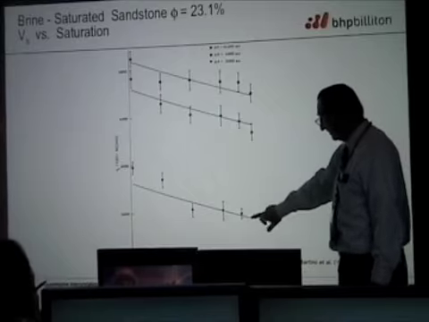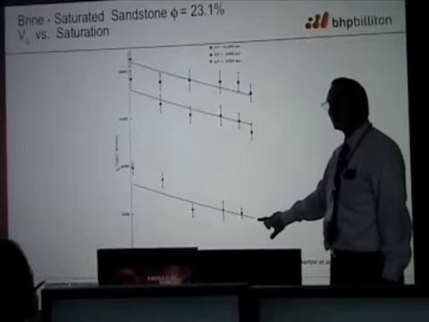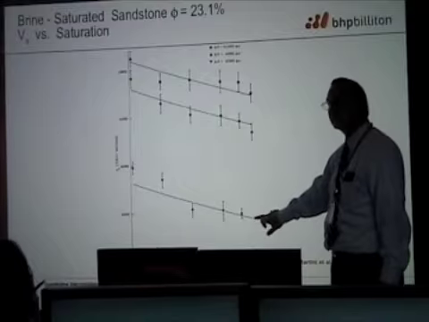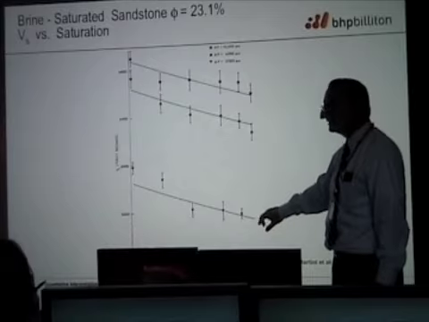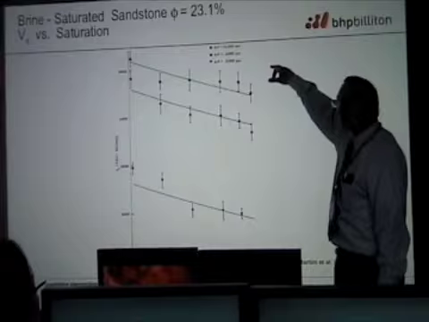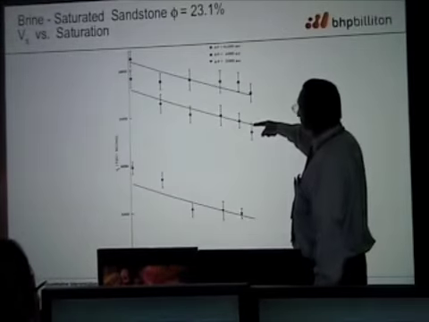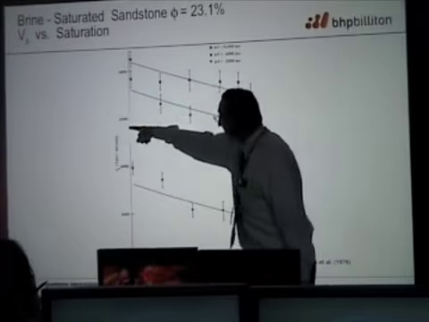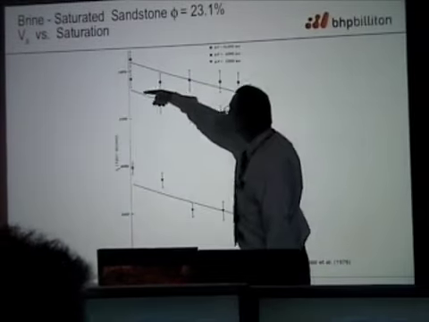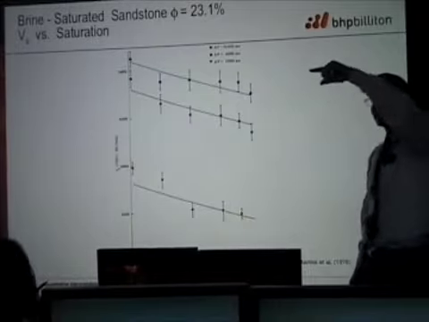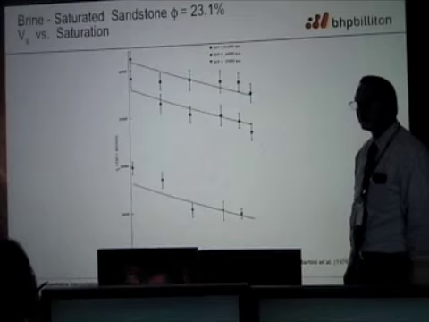This one isn't here, but it'd be close here somewhere if we had gotten signal through at full water saturation. So surely they do. This velocity is 5,600 feet per second. This one is at 63 or something. This one is at 65 or 66 or something like that. So they increase with differential pressure just like the P velocities.